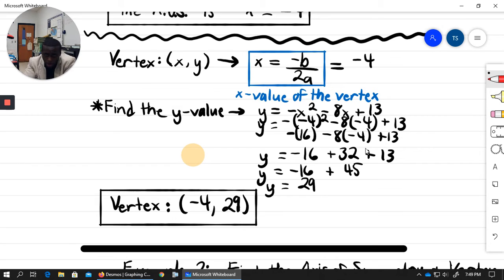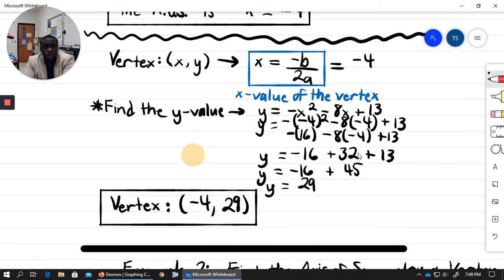Now we need to multiply, doing that order of operations. So let's multiply the -8 times -4. When you do that, you wind up getting positive 32. All right, so now that we've done the multiplying part, the only thing that's left, really, because there's no dividing here, is adding and subtracting.